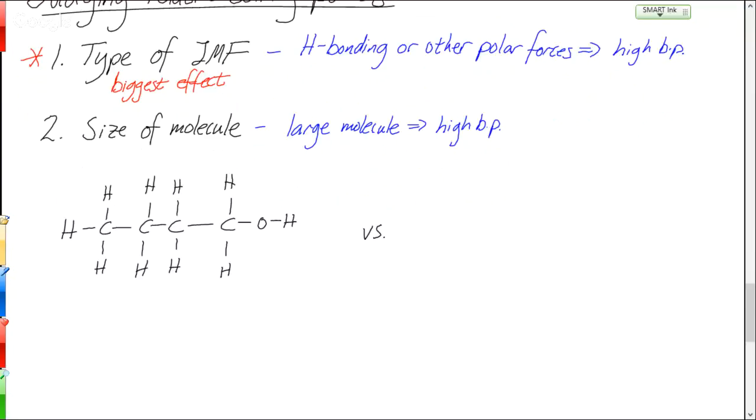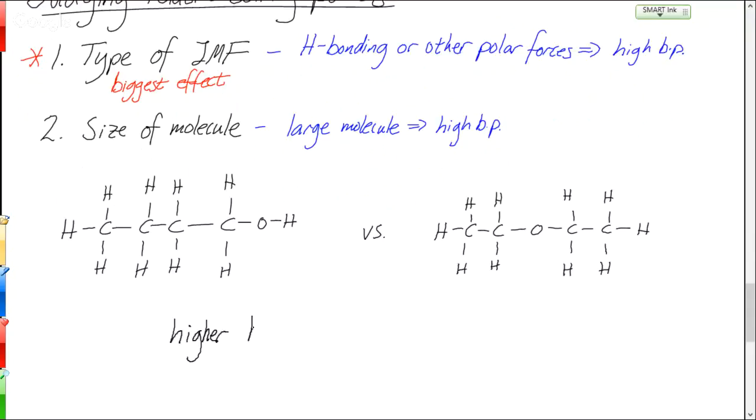We're going to compare that one versus this one. And we want to know which one has the higher boiling point. Which one would you expect to have the higher boiling point?